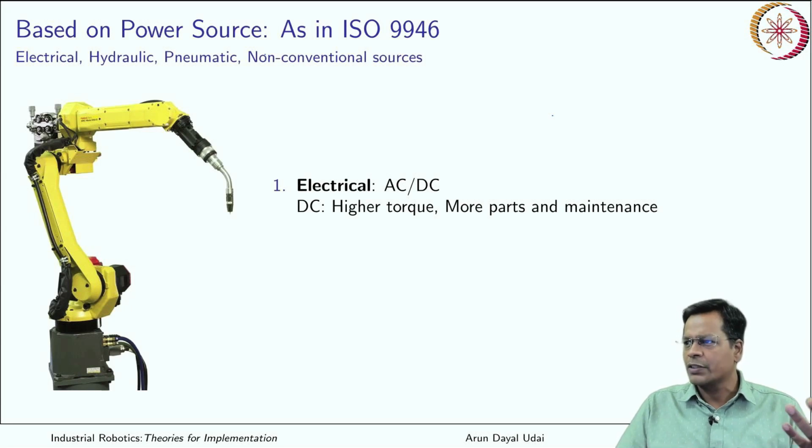However, for completeness, you should understand it is made up of carbon brushes, an armature with coils, and a commutator. So the number of parts is more, and maintenance is more in this case.